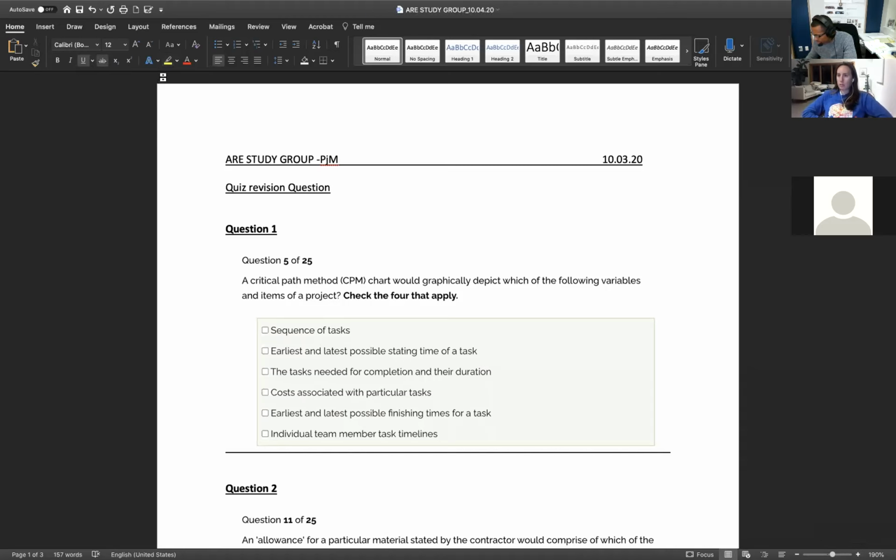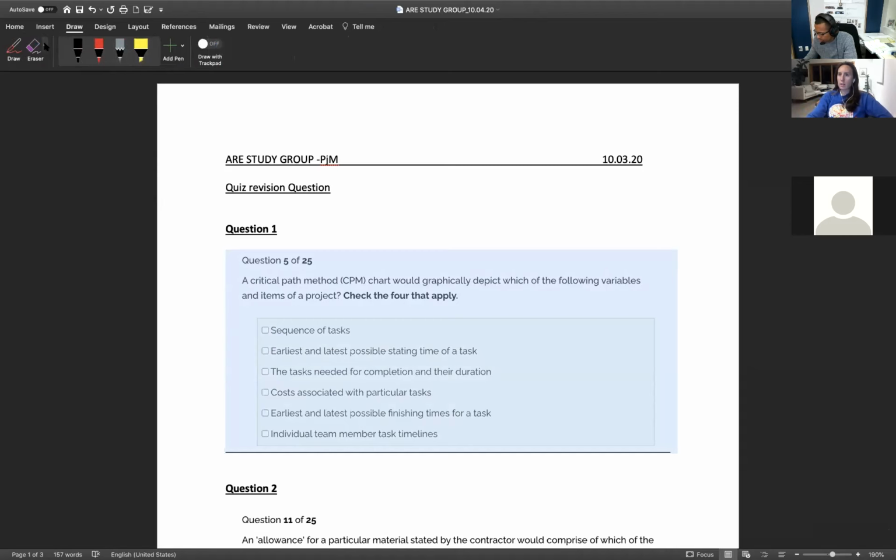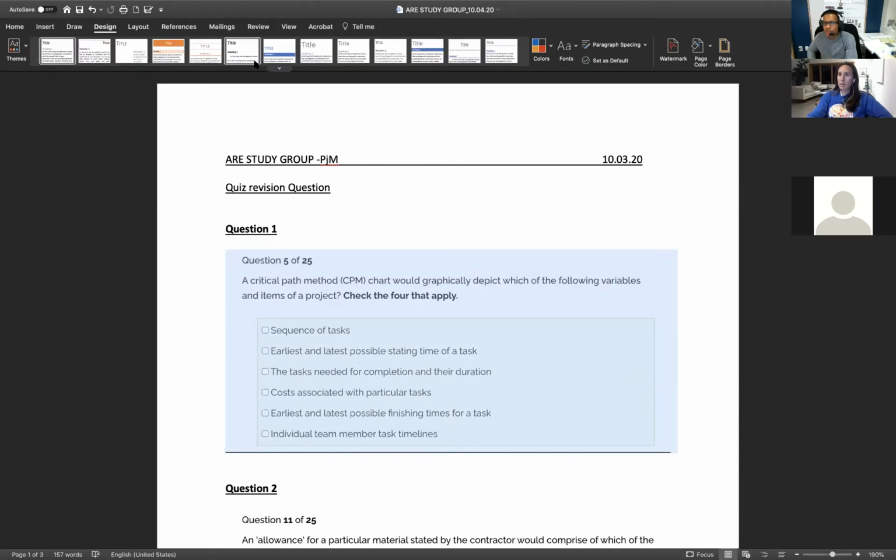One second. Does this work? No, it doesn't work. Dang it. You might be able to draw a box, like under draw or design. Let me see. Where are the boxes? Beside the design. Thank you. Hold on one second, please, guys.